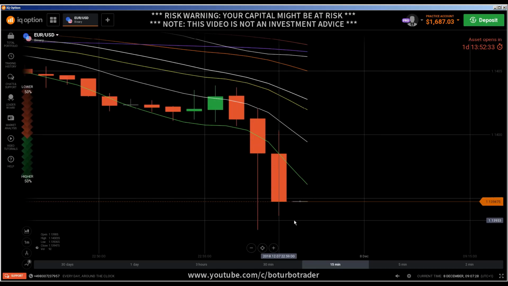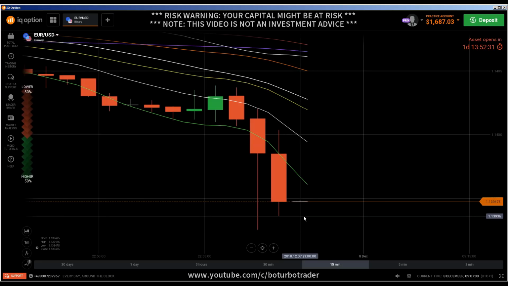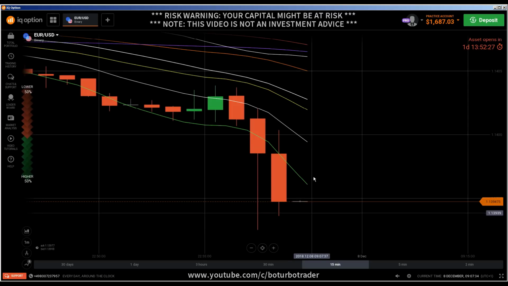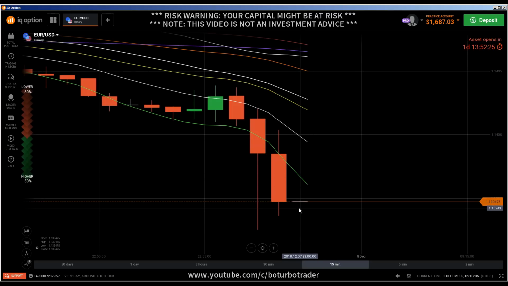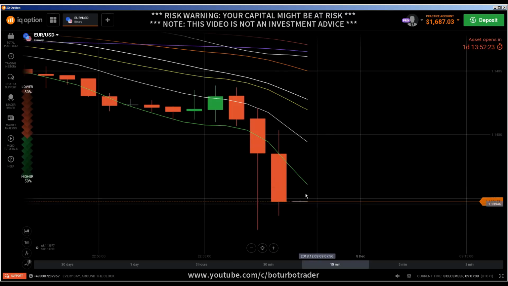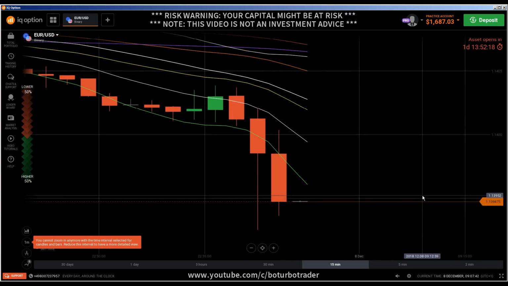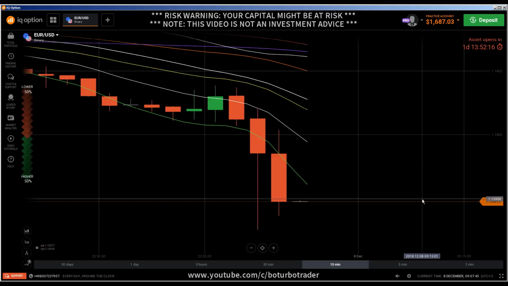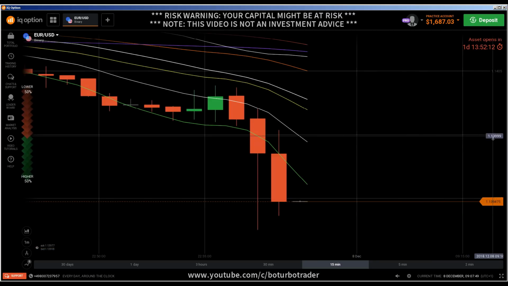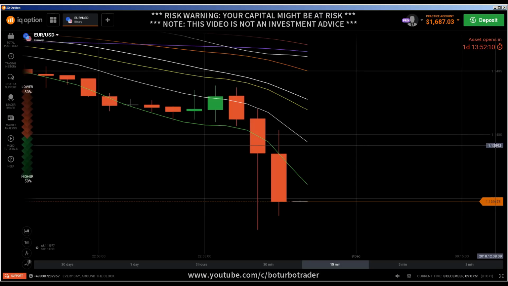So you wait till price goes back to this level, and if you see a rejection on this level, you enter into a call, because you can expect that this candle will be a bullish one, around maybe this round number here. What round number is it? 1.19550, close to the 1.144.